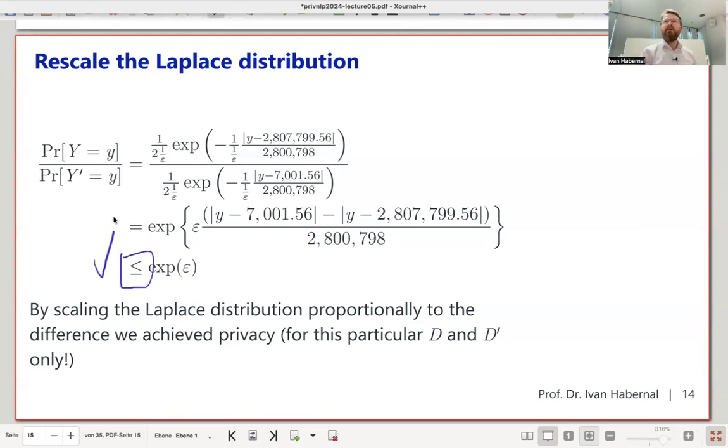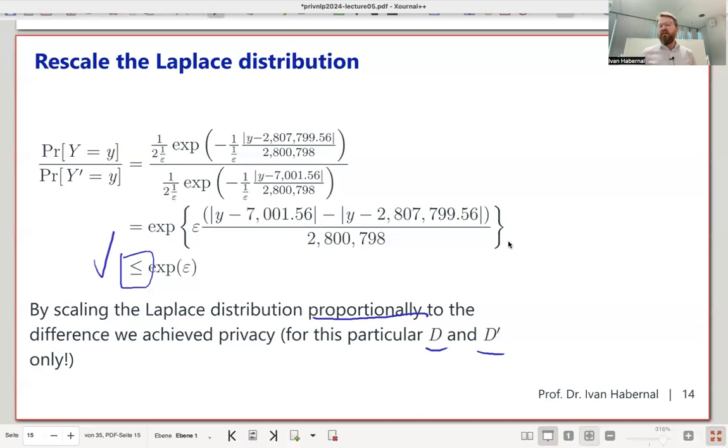Now we guarantee differential privacy. What did we do? We scaled and normalized something, which corresponds to scaling the Laplace value, as we will see later. So by scaling the Laplace distribution proportionally to the difference, we achieve privacy. So for this particular database, D and D prime only right now.